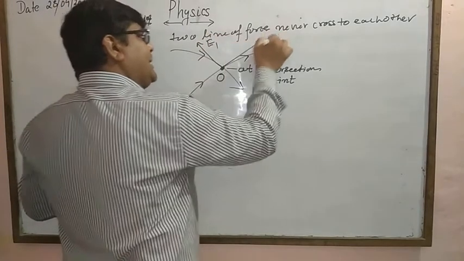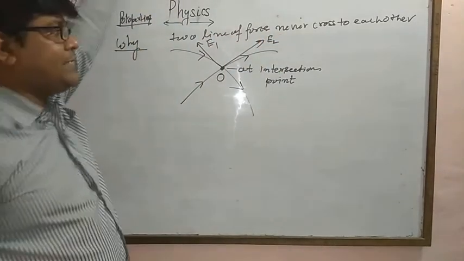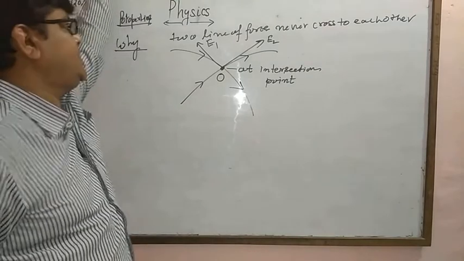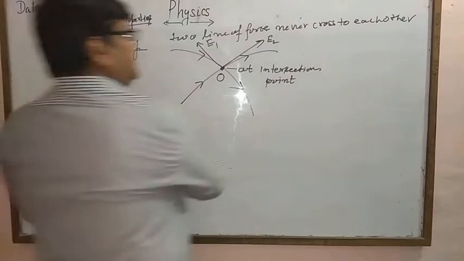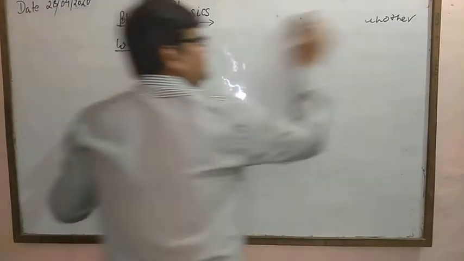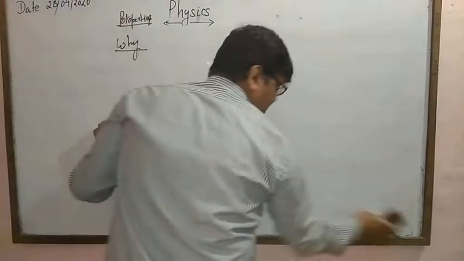These tangential lines indicate two directions of electric field intensity and electric force. It is not possible. It is always coming from positive and terminating in negative.